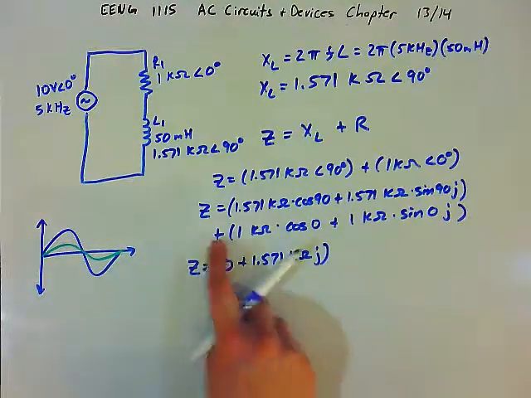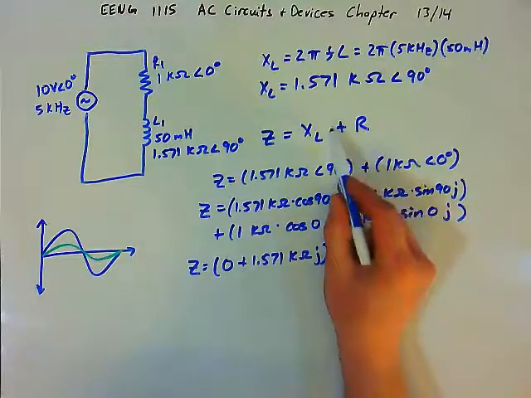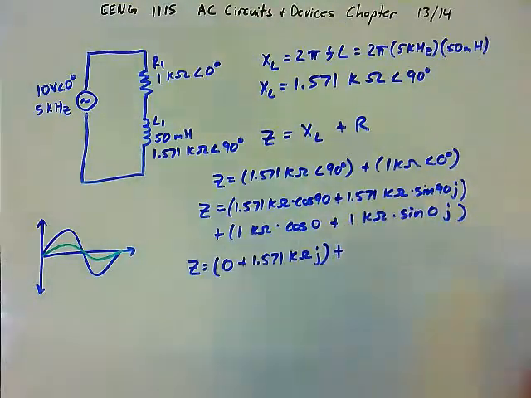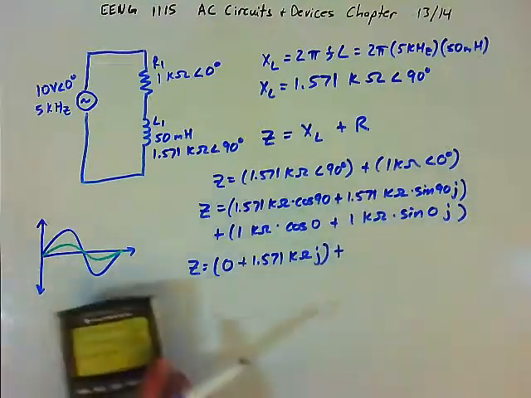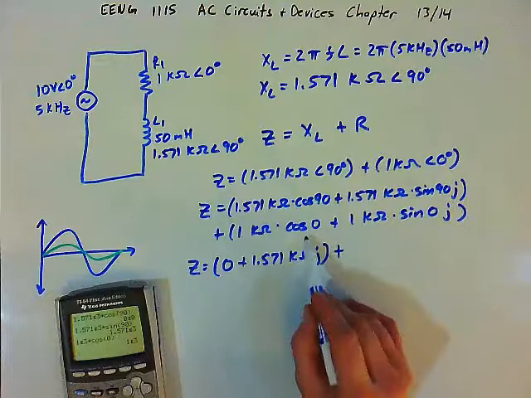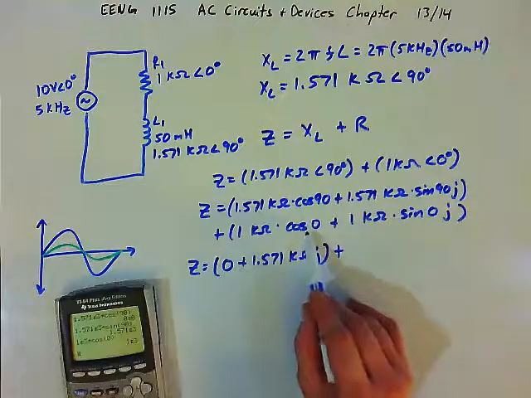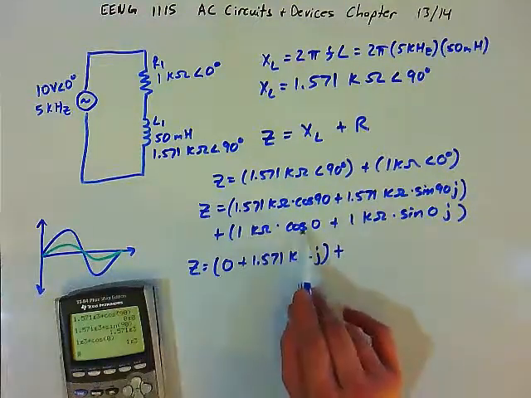And now we're adding in the resistance. So again, we'll have 1 kilo ohm times the cosine of 0, 1 EE3 times the cosine of 0, which is 1 E3, which is 1 kilo ohm. And that is because the cosine of 0 is 1, and so we're just multiplying by 1 here.